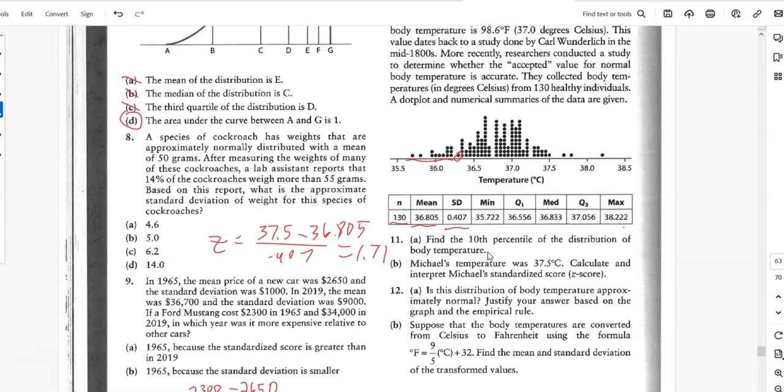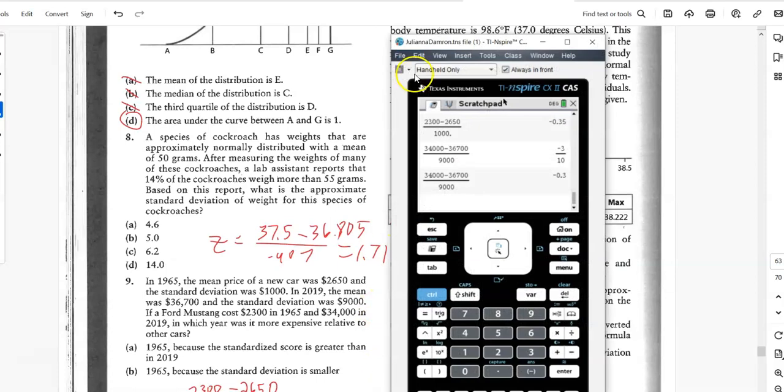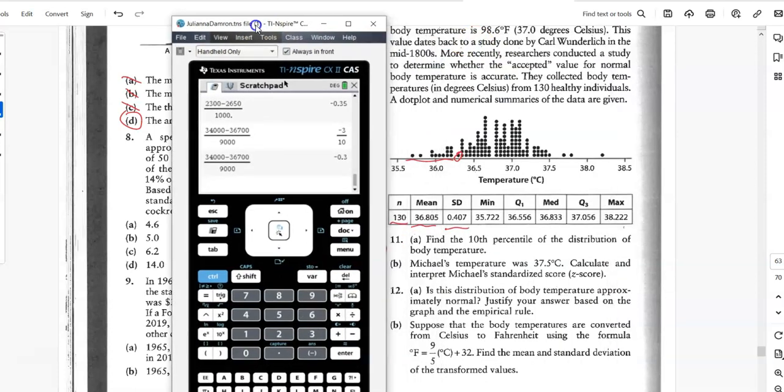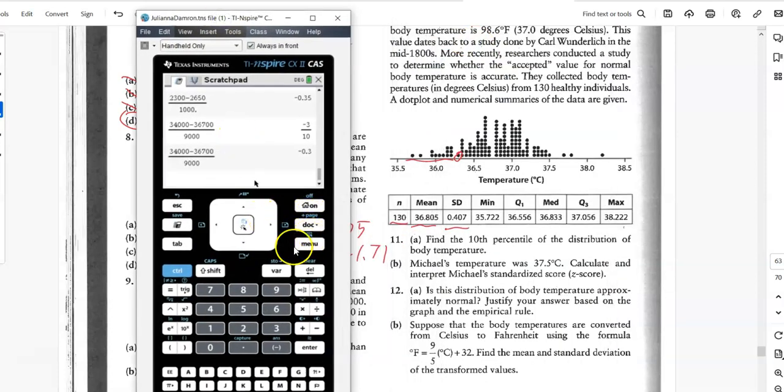Is this distribution of body temperature approximately normal? Okay, so unimodal, roughly symmetric, bell-shaped, it seems to hit all the marks as far as the look of the graph. But if you want to use the empirical rule, we'll have to get the calculator out. Take the mean, 36.805, plus the standard deviation of 0.407, then subtract that.